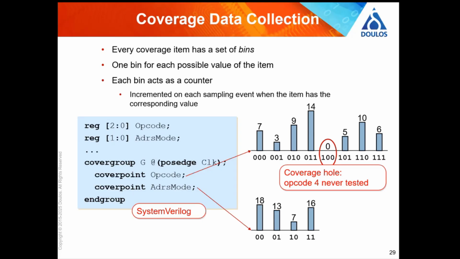And this is a construct called a cover group. A concept called a cover group, which is a container of something called a cover point. And a cover point is a probe, basically.